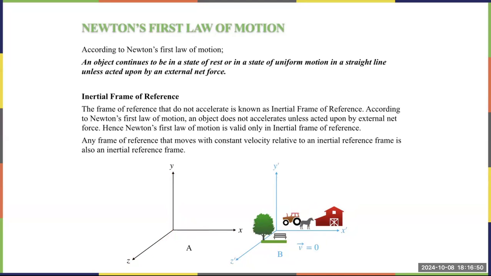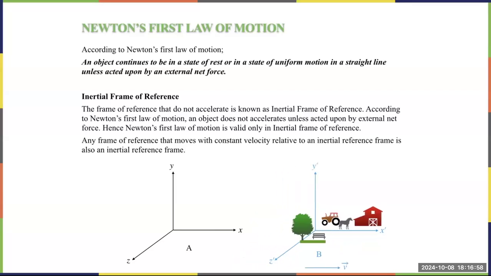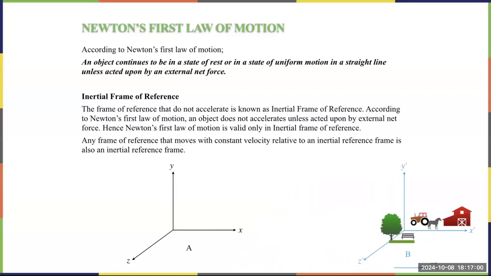Okay, but now this frame of reference, while being 0, can also move in one direction with a constant velocity. In this condition, if it is moving with a constant velocity, then this is still an inertial frame of reference. Okay, the only thing is it needs to have a constant velocity. Make sense?